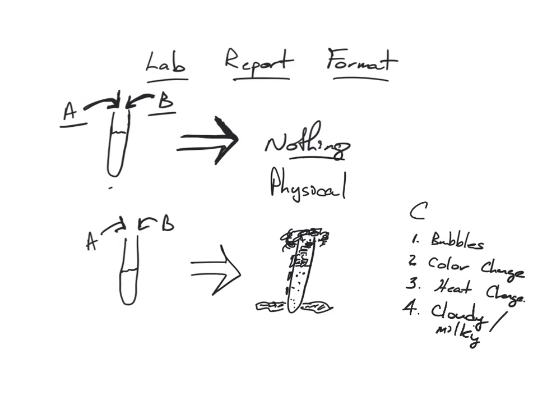So these are all changes, and your job in the lab write-up is to take a look at those changes that you documented in your table and decide, is this evidence of a chemical change or a physical change? When this bubbled up so much that it bubbled up all over the table, was that evidence of a chemical or physical change?